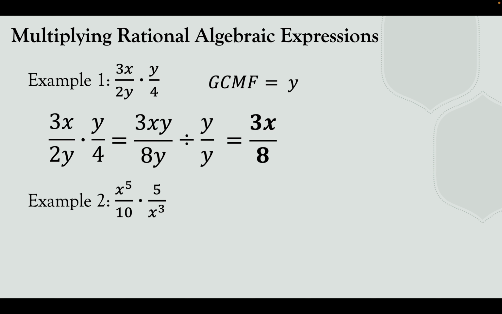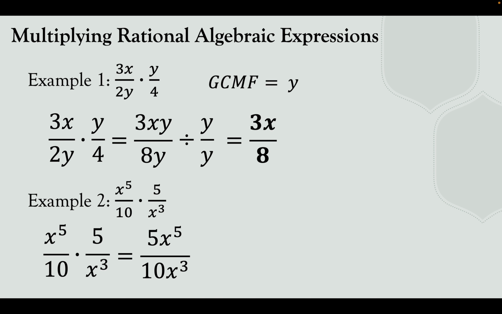Example number 2, we have x raised to 5 over 10 times 5 over x raised to 3. So for me, my convenient way is to multiply first numerator by its numerator. So x raised to 5 times 5 is 5x raised to 5. 10 times x raised to 3, we have 10x cubed. And then find its GCMF.